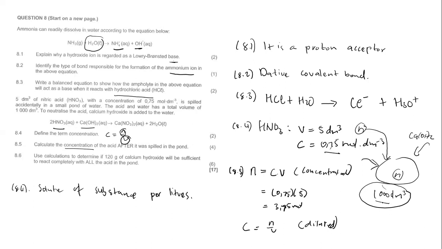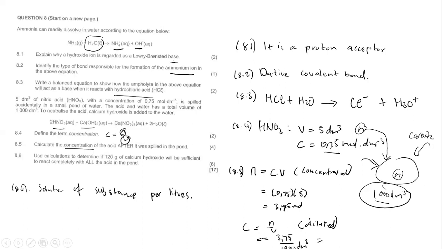So here, look, the volume is 1000, so that means we are diluting. We want to determine the new concentration. We're still using the same number of moles. I don't have space, let me just write here. The number of moles is the same that we calculated, which is 3.75, divided by the volume, which is 1,000 cubic decimeters.